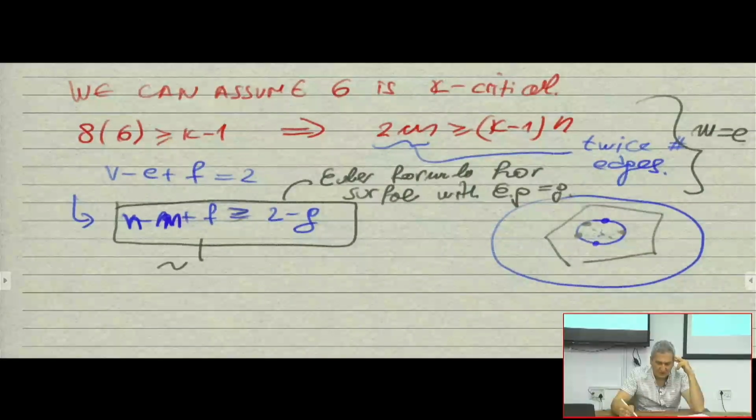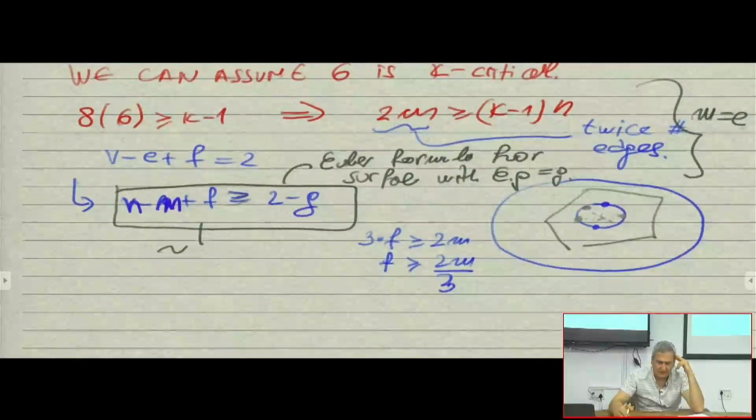So what we have is that for faces, 3 times the faces is at most twice the number of edges. Yes, do we agree? And then faces are at most 2M over 3.